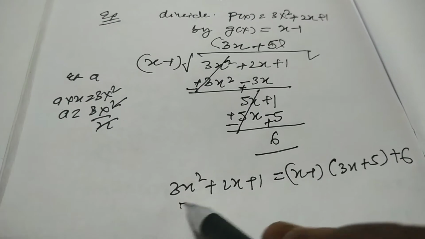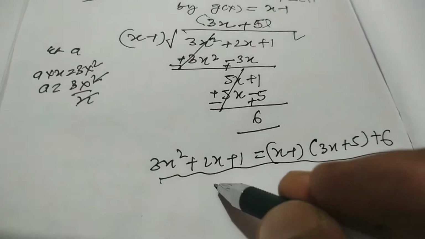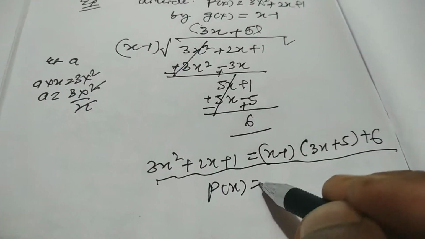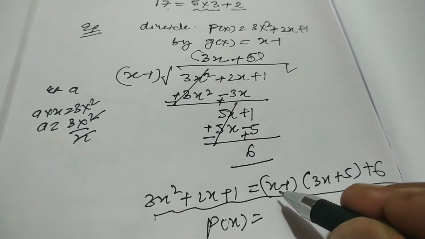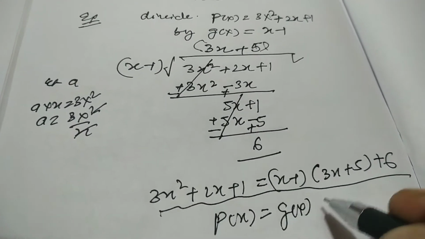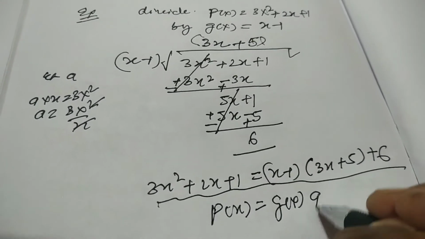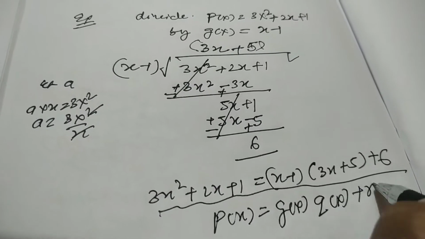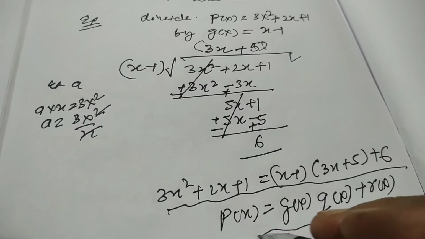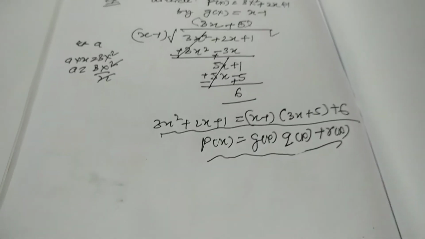Here let this be p(x), the divisor g(x), the quotient q(x), and the remainder r(x). Basically that is called the remainder theorem.